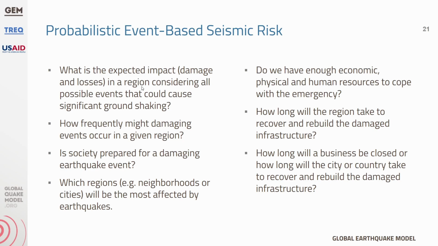It is considering all possible or significant events that can cause damaging ground shaking in our built environment. The other key question is how frequently these events can occur in my region of interest. Is society prepared for these damaging events, given what we know about the built environment, about who lives there, about how intense the ground shaking can be there, and how vulnerable that built environment is?